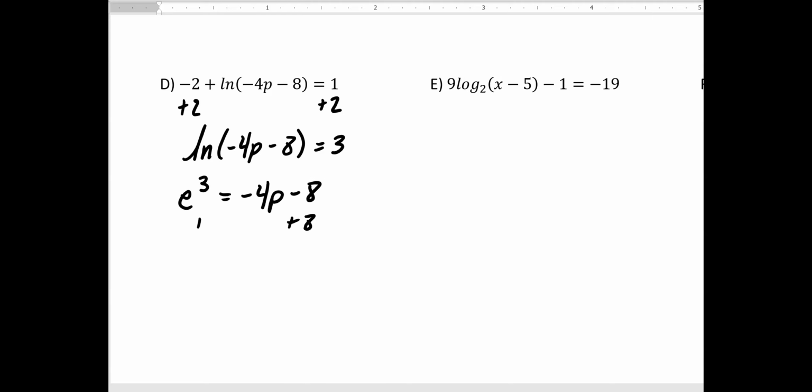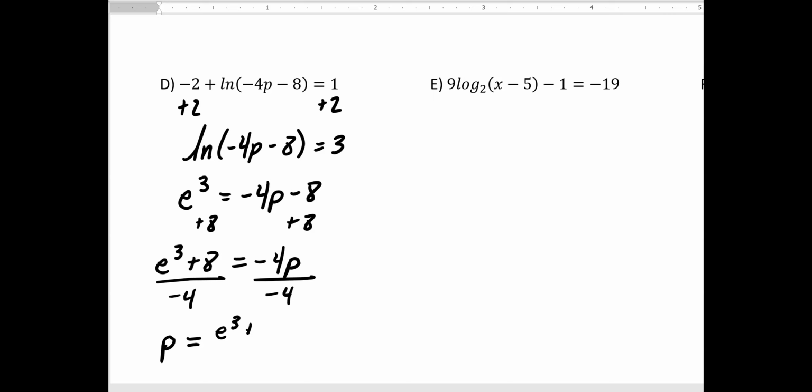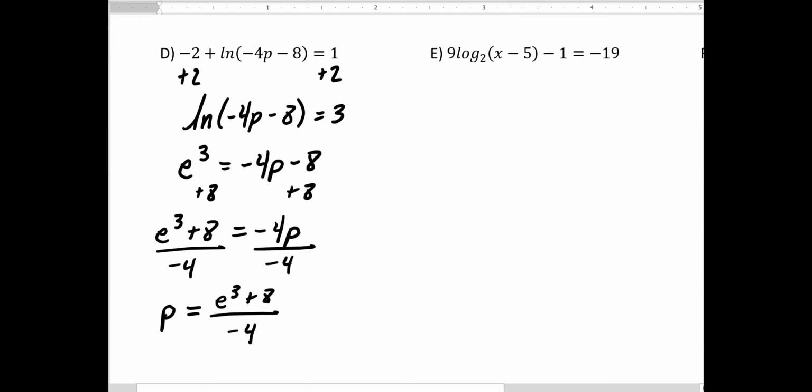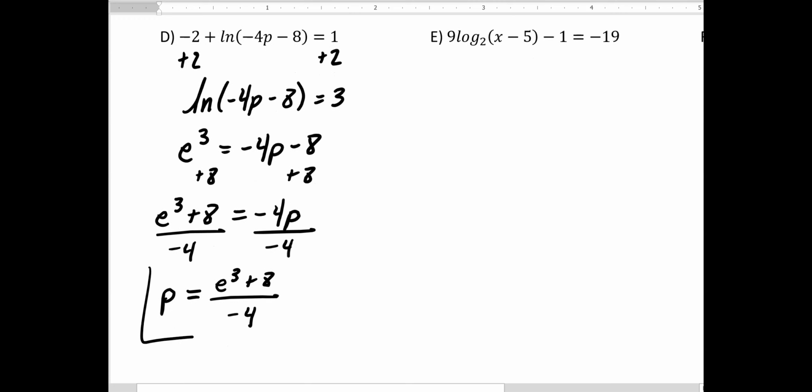Add 8 to both sides. So I'll say e to the third plus 8 equals negative 4p. Divide by negative 4. I'll say that p equals e to the third plus 8 over negative 4. And that's going to be my solution here. I'm going to go ahead and box my answer. Call that a day. Very nice.